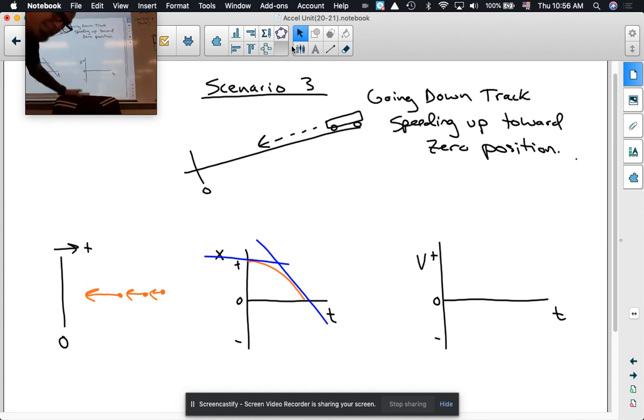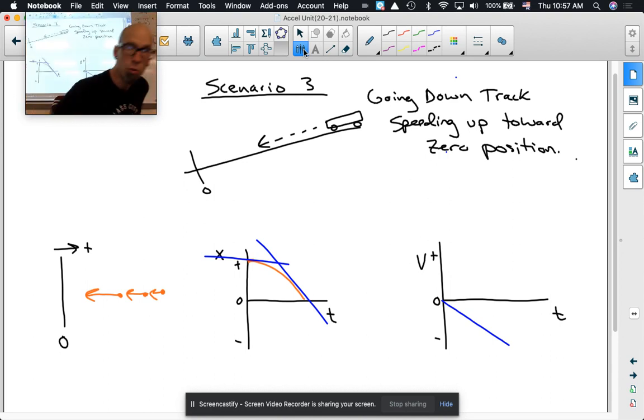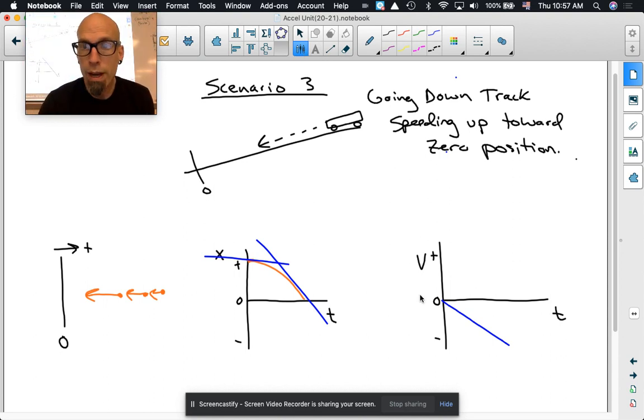Now, on the VT graph, how do you show that you start with no velocity and it gets faster negatively? That looks like this. Starts with no velocity and it gets faster negatively. Well, wait a minute, but the line's going down. You're right. It's going further away from the zero.